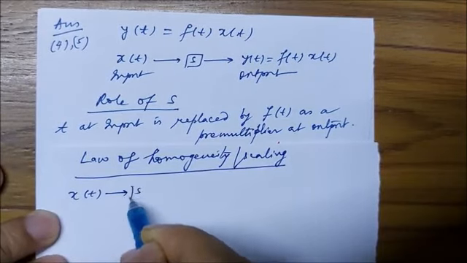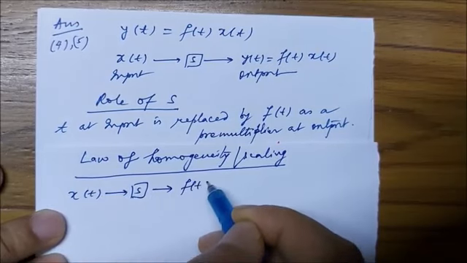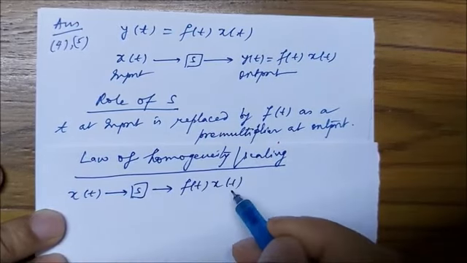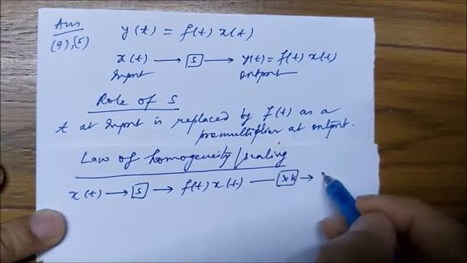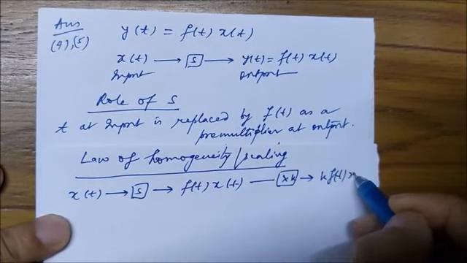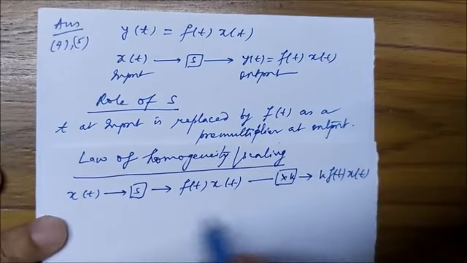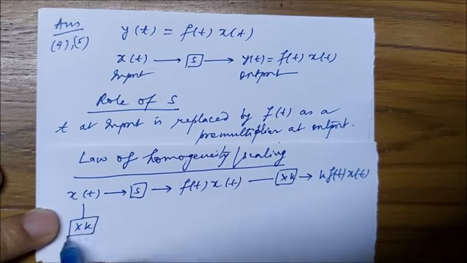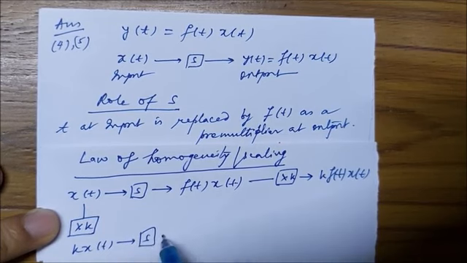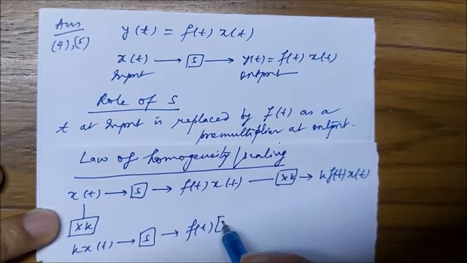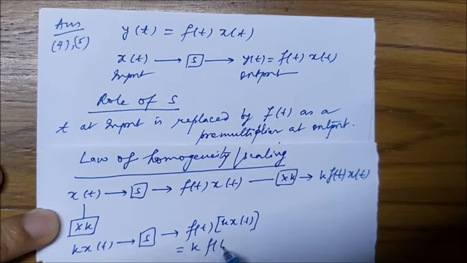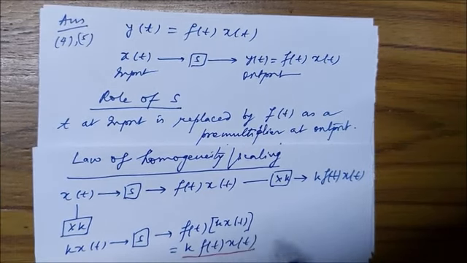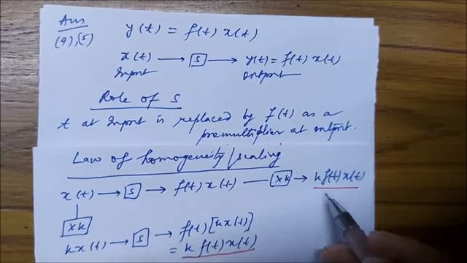so x of t applied to the system gives, as before, f of t multiplying x of t, and then introduce the scaling to get k f of t x of t, and if we scale the input we get k of x of t, and then pass it through the system to end up with, which is same as the previous response.